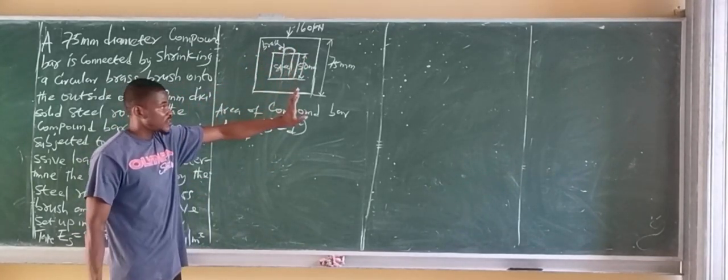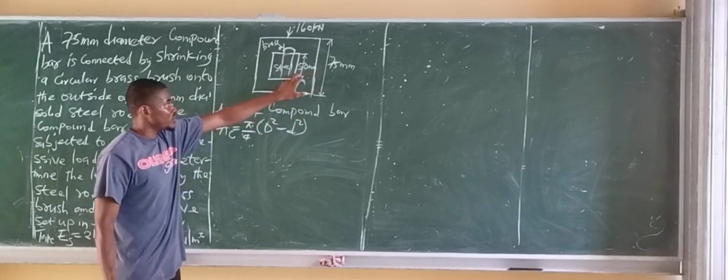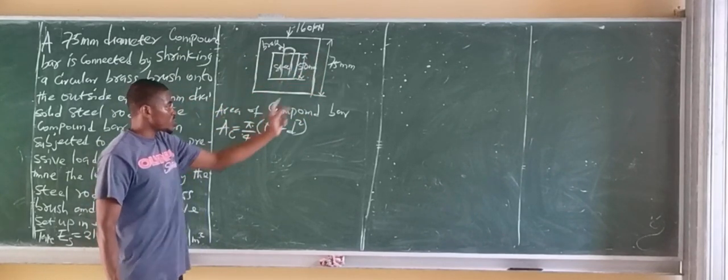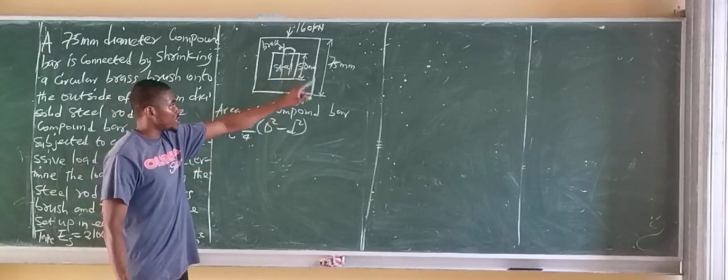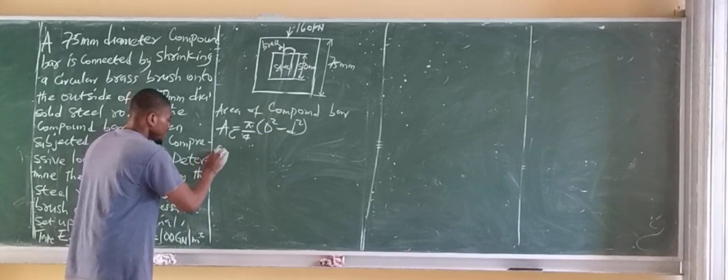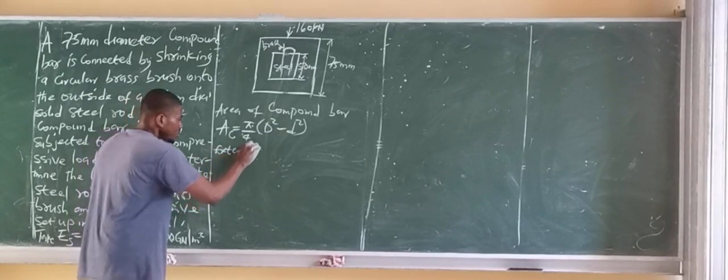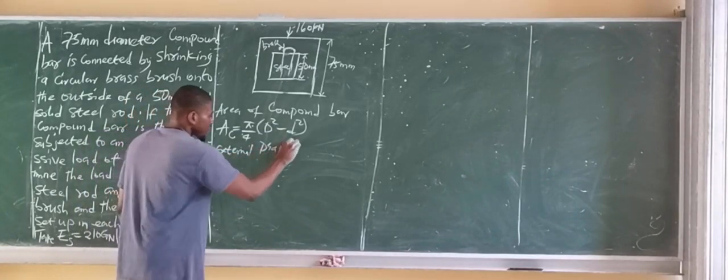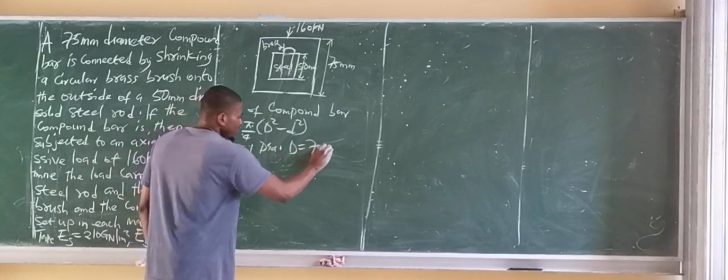So we have two diameters here, 75 millimeter and 50 millimeter. 75 is the external diameter, which is the larger diameter, while 50 millimeter is the internal diameter, which is the smaller diameter. So D, the external diameter, is 75 millimeters.